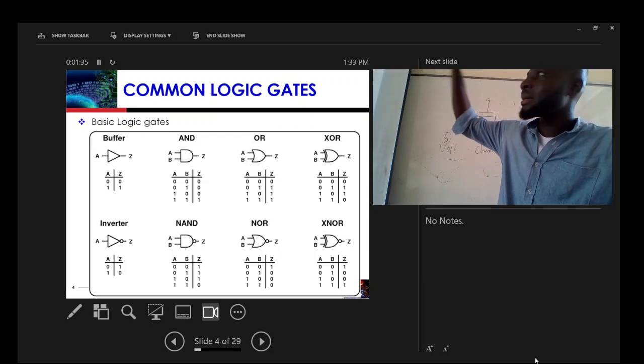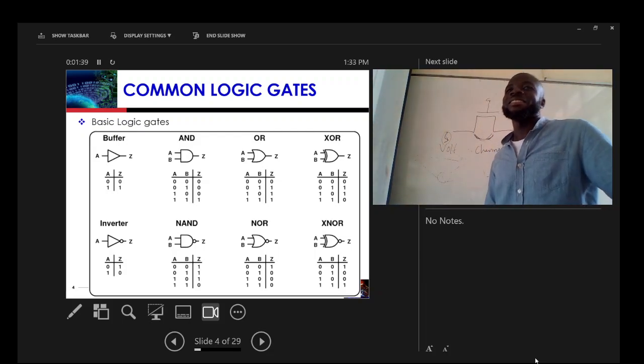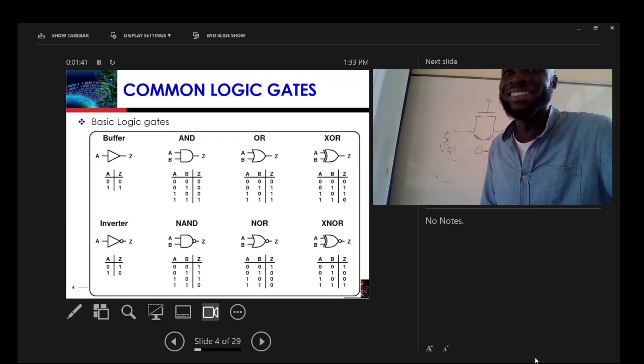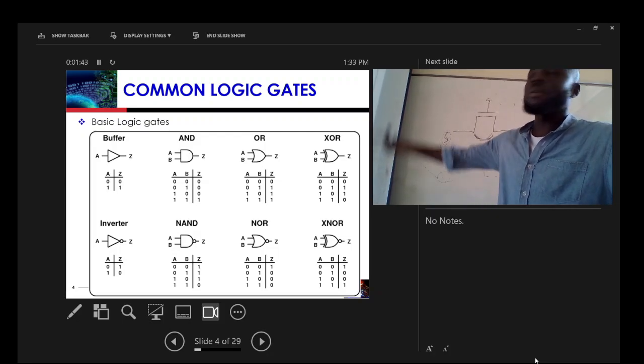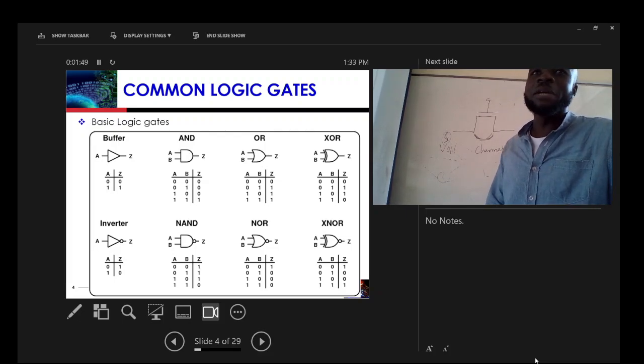Do you know what the buffer is? What is a buffer? I mean, you can just look at the truth table and tell what it does.